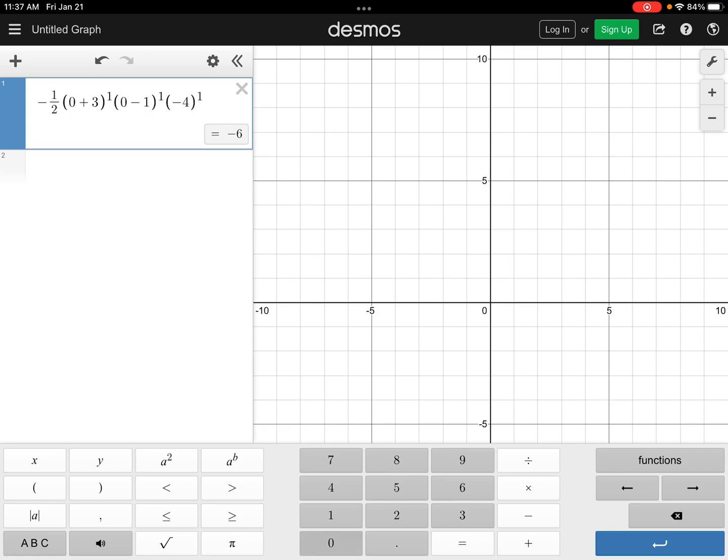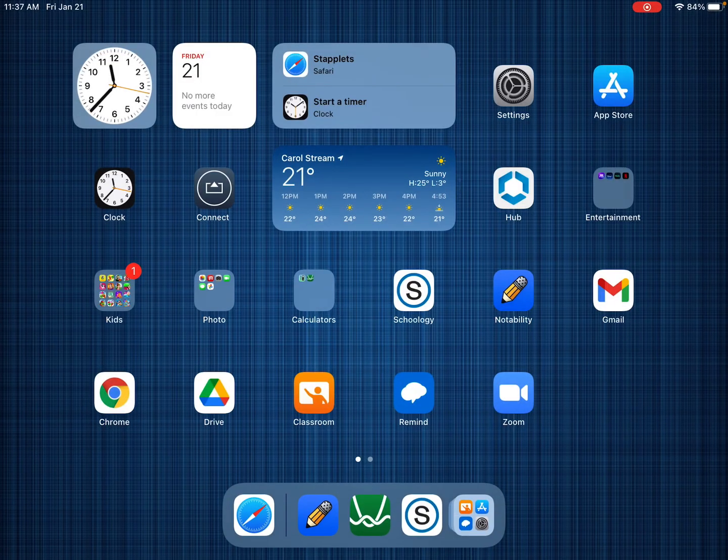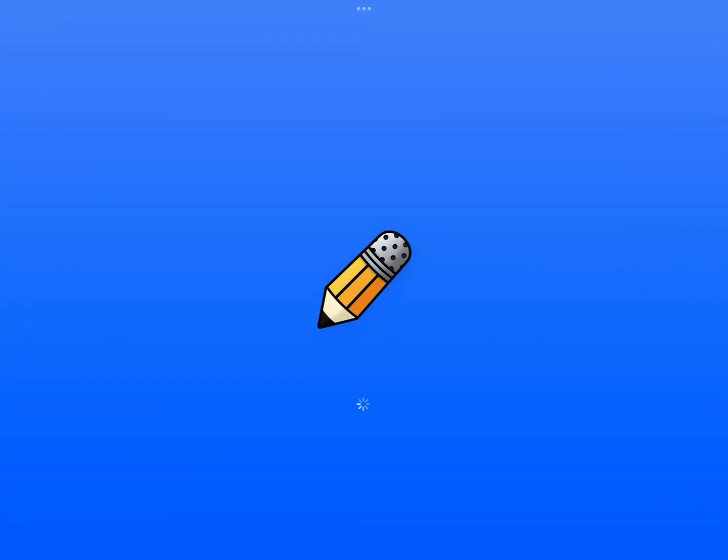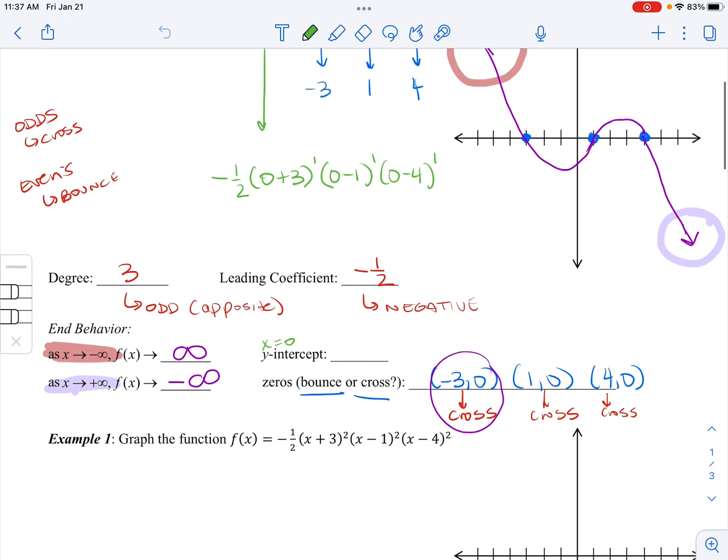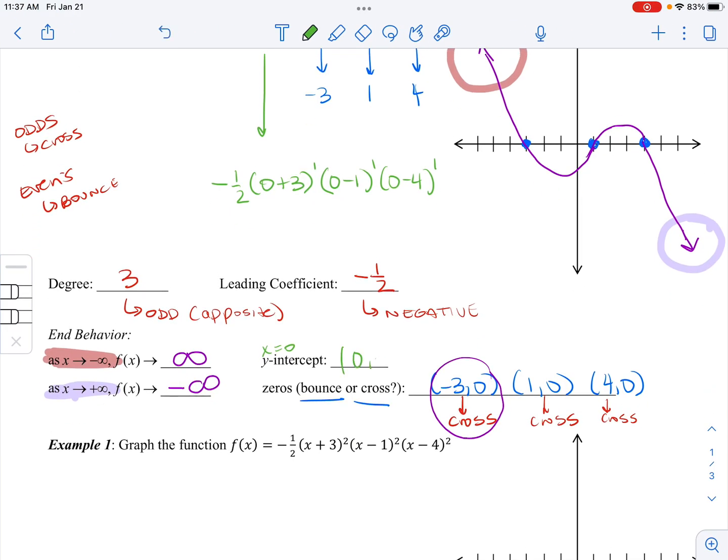There we go. It tells me that the final outcome is -6. So when I plug all those things in, I get -6. I'm going to write that as 0, -6, which makes sense.